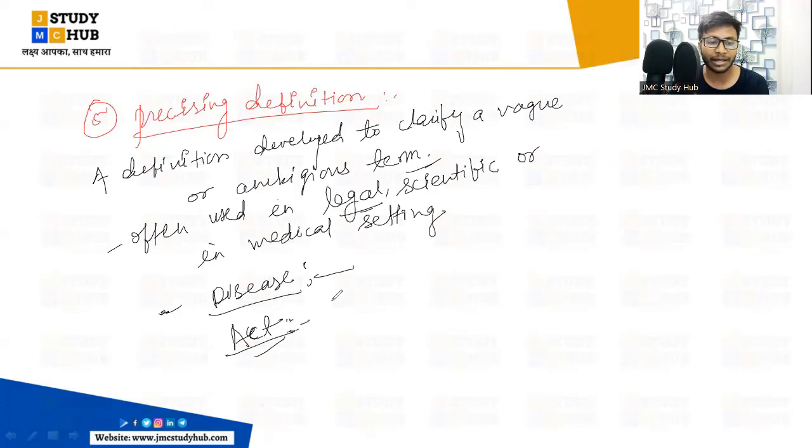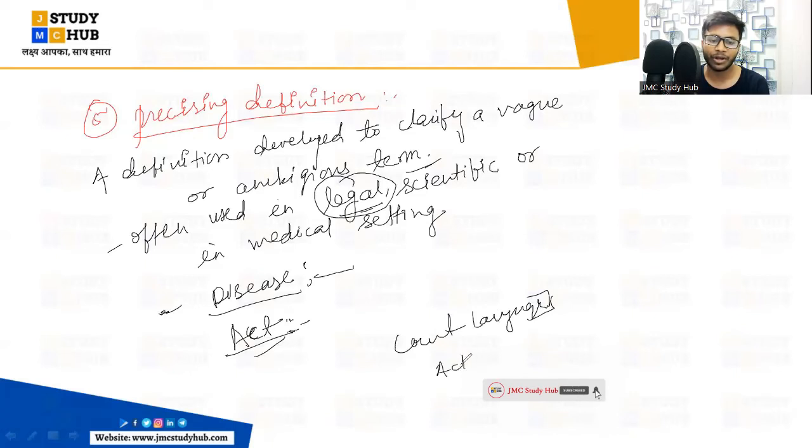That what it is written according to the law, exact words, right? Exact meaning. You have seen the कोर्ट लैंग्वेज. कोर्ट लैंग्वेज में आपने देखा होगा किस तरीके से लीगल या एक्ट या कोई धारा किस तरीके से defined होती है, how the scientific terms are defined, and how the medical terms are defined. This is what the precising definition is about, to clarify the vague or ambiguous terms.